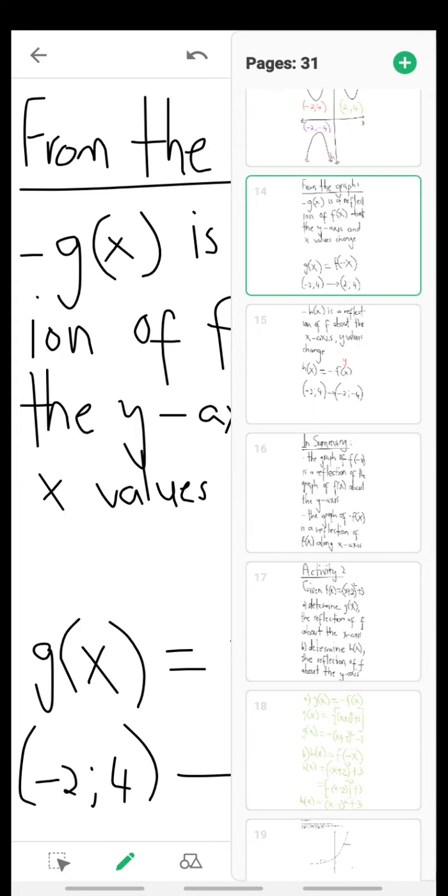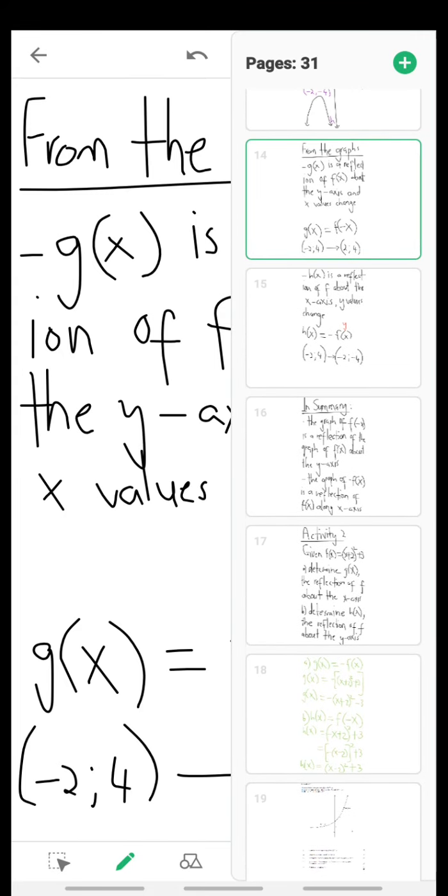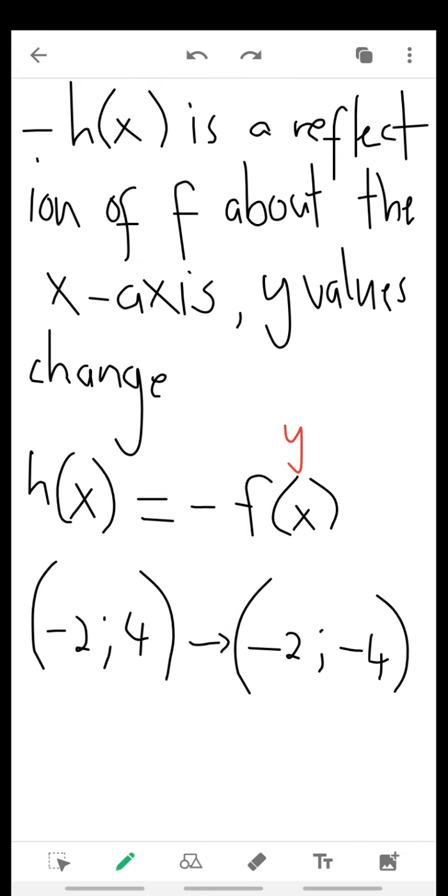Also, very, very important, h is a reflection of f about the x-axis. So what will change? Y values will change. So algebraically, h will be equal to negative f(x). Remember, f(x) and y mean one and the same thing.